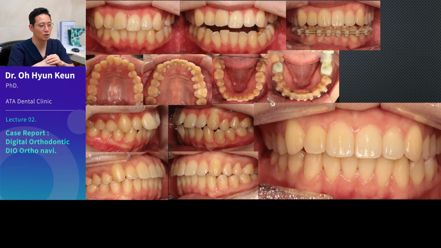Clear braces really depend on whether patients follow and cooperate with your guidance at home, which is not easy. Also, there's a limitation for them as well. Because of these things, many dentists give up trying. But there are various partial brace systems you can use, and each has its own advantage. Utilizing all of these things will help you manage and grow your clinic better in the future, I believe.